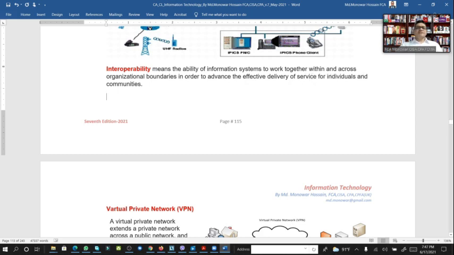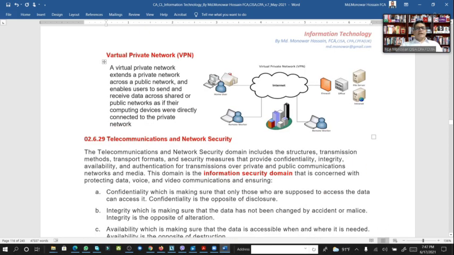for individuals and communities. And now, virtual private network, we know it as VPN. A virtual private network extends a private network across a public network and enables users to send and receive data across shared public networks as if their computing devices were directly connected to the private network.